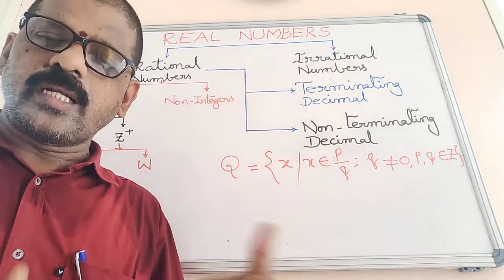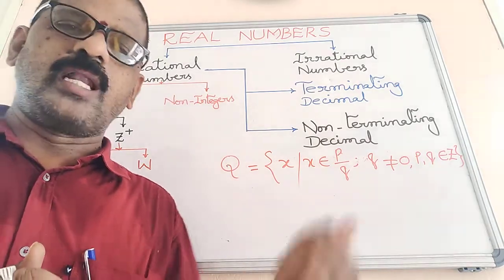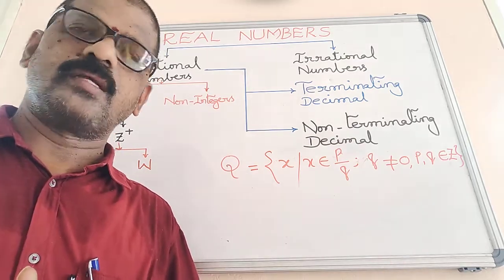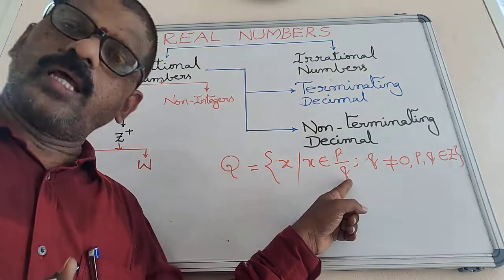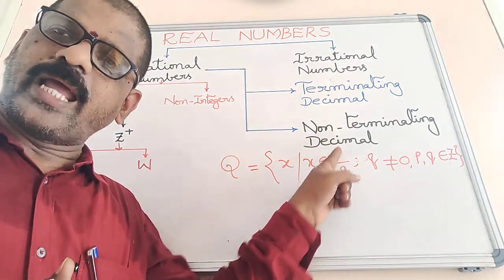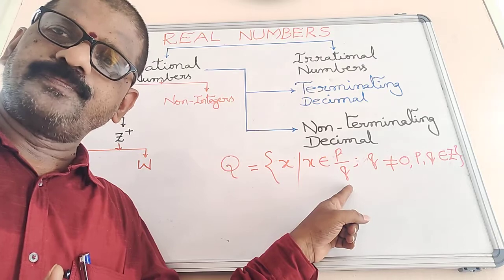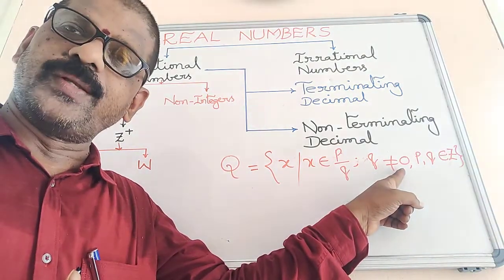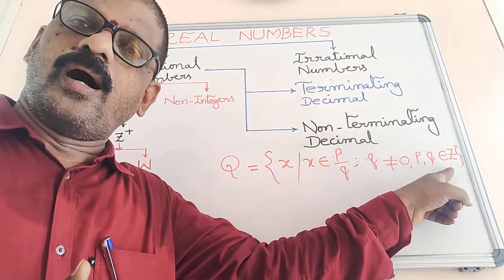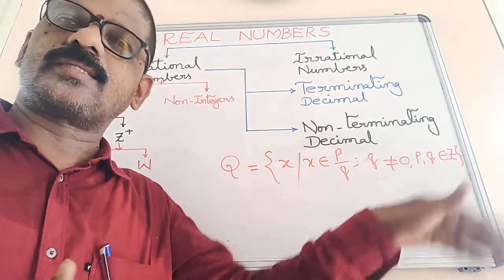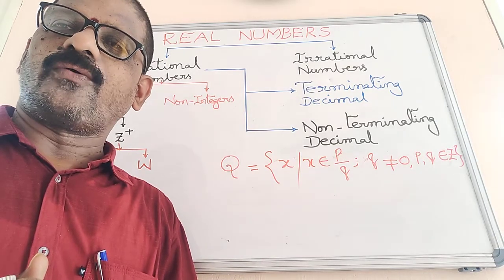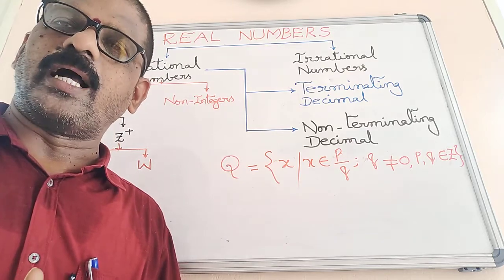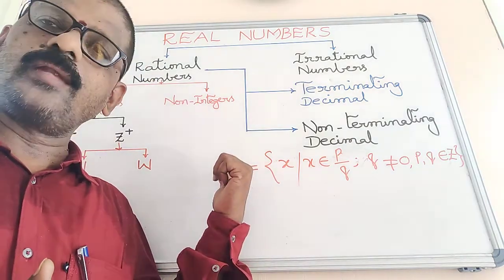So now, what is the definition of rational numbers? Clear? This is called a fraction. A fraction that can be expressed in the form of p by q, where q is not equal to 0 and p and q are integers, is called rational numbers or quotient numbers, and it is denoted by the letter Q. Clear?